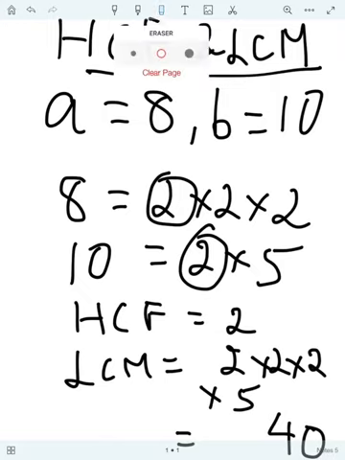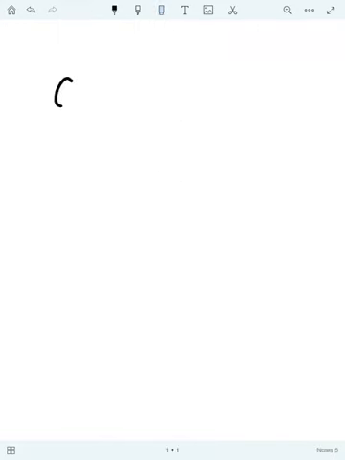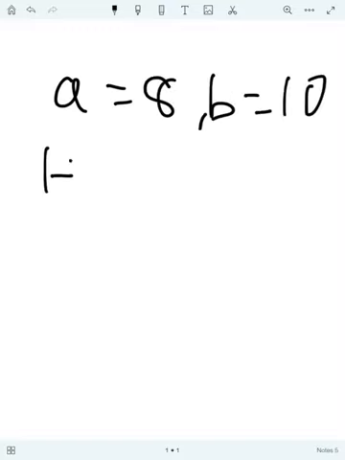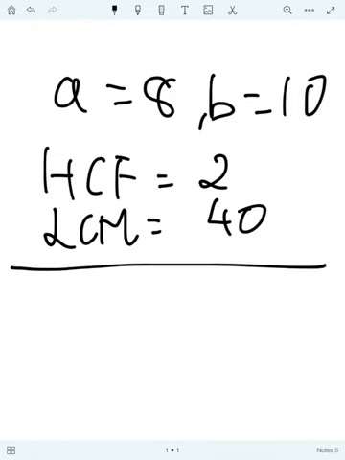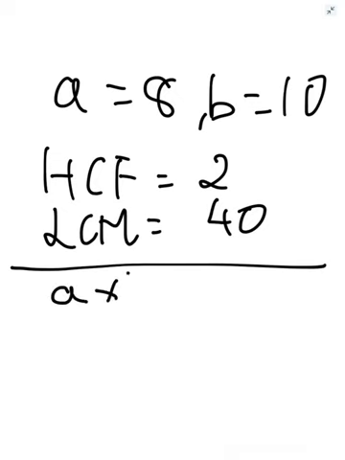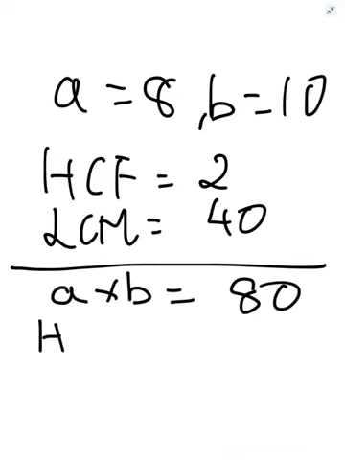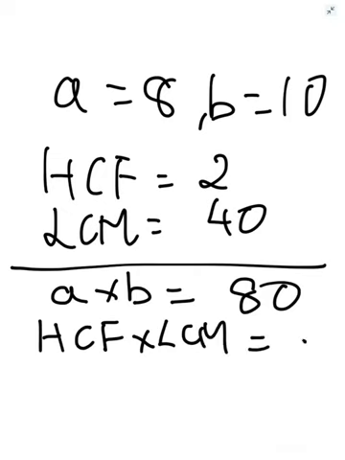Now we can see a correlation between these numbers and HCF, LCM. So numbers were 8 and 10, and HCF was 2, LCM was 40. Now if you multiply the numbers A into B, 8 into 10, that is 80, and if we multiply their HCF and LCM, 2 into 40, their product is also equal to 80.